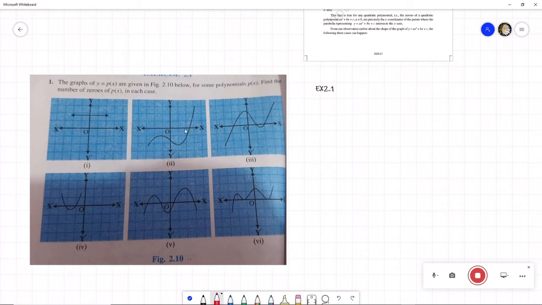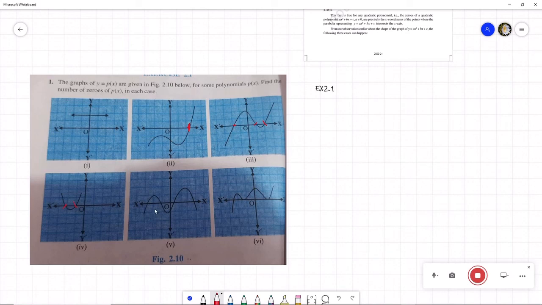The second graph, the line intersects the x-axis at only one point, so it has only 1 zero. In the third graph, the line intersects the x-axis at 3 points, so the equation has 3 zeros. For the fourth graph, it intersects the x-axis at 2 points, so it has 2 zeros.